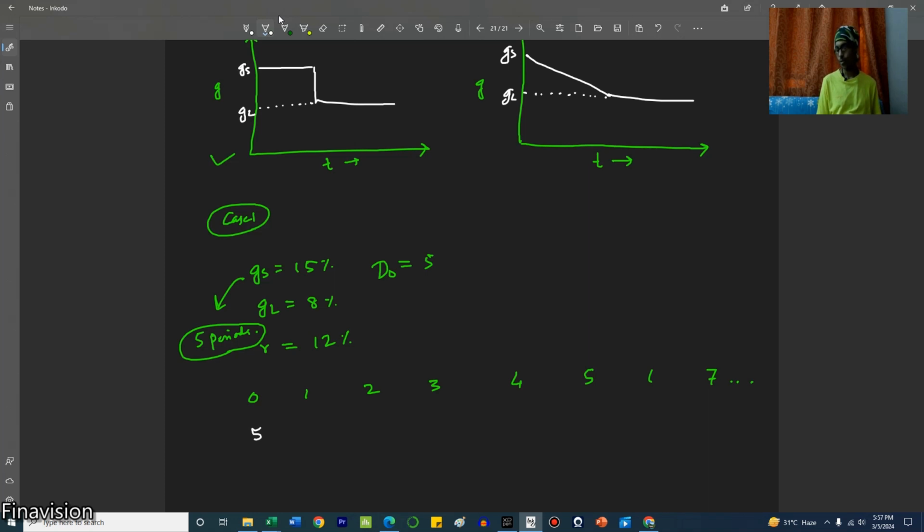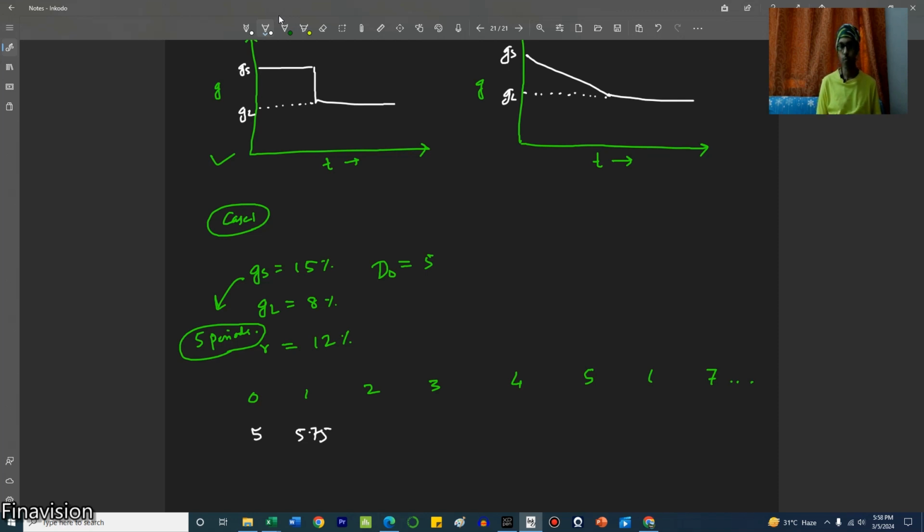At t is equal to 1, it is 5 into 1.15. So this is 5.75, into again 1.15.